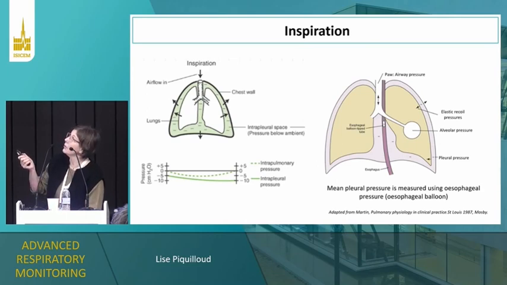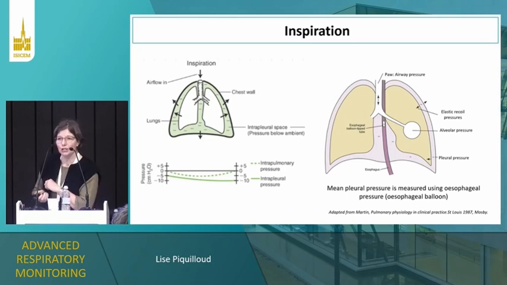Then, if we look at the esophageal pressure, we look at the pleural pressure, and we are able to assess the amount of decrease we have related to inspiratory muscle contraction. This is a complicated version and requires the esophageal balloon.